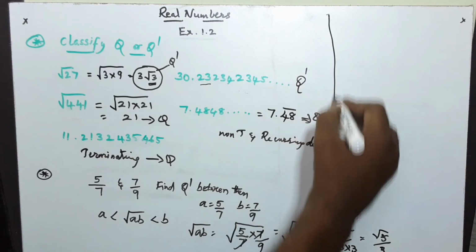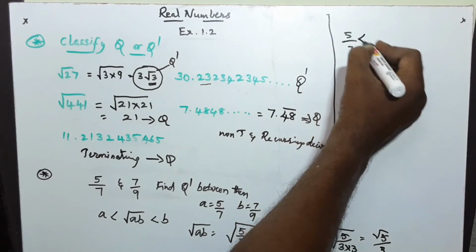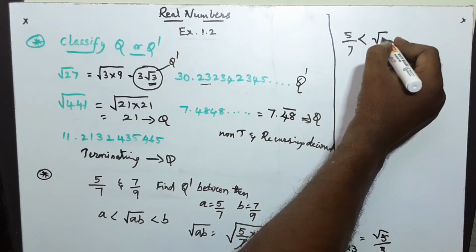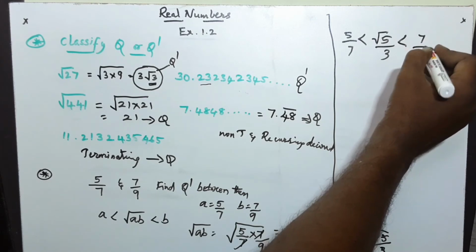Therefore 5/7 is less than root 5 by 3, which is less than 7/9.